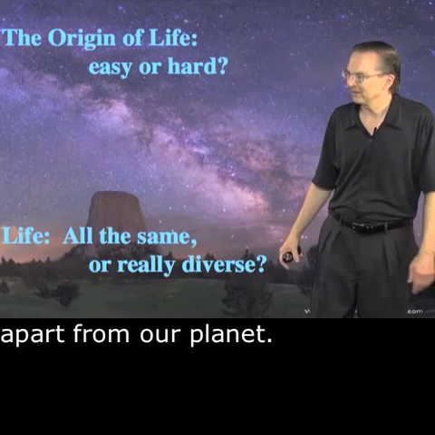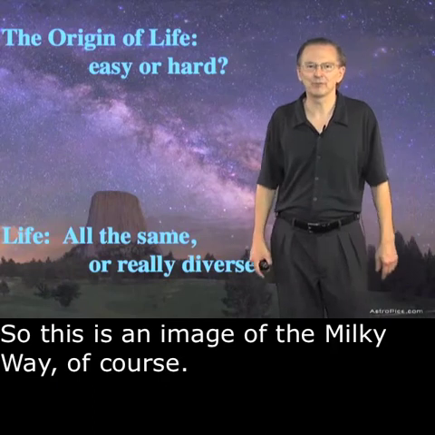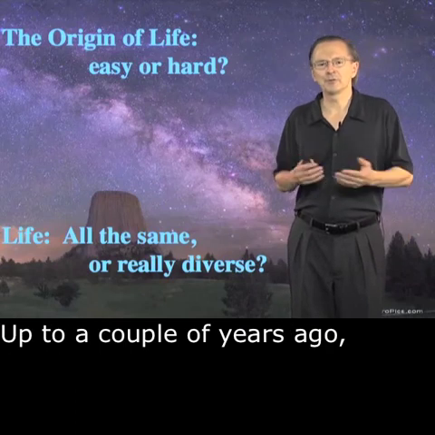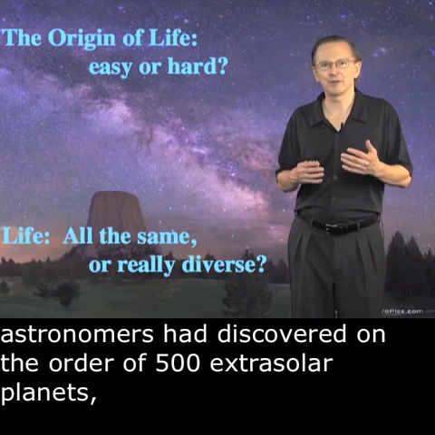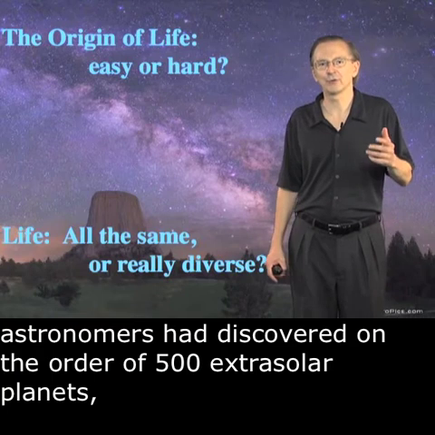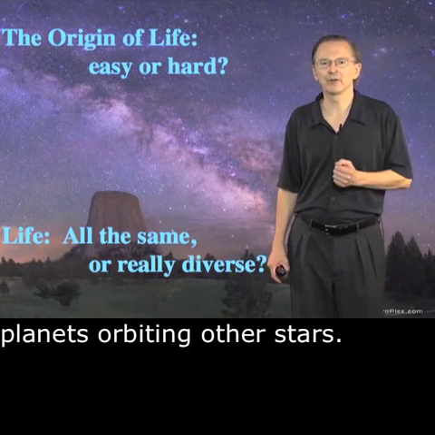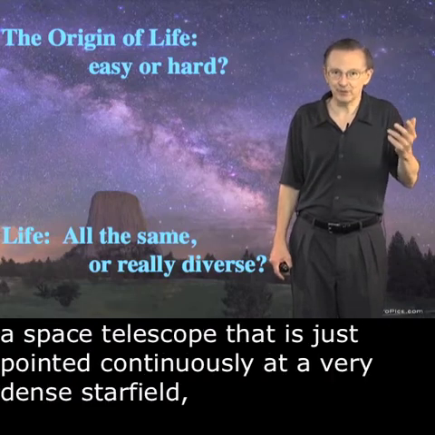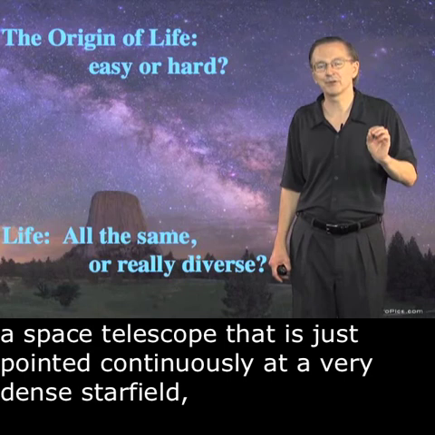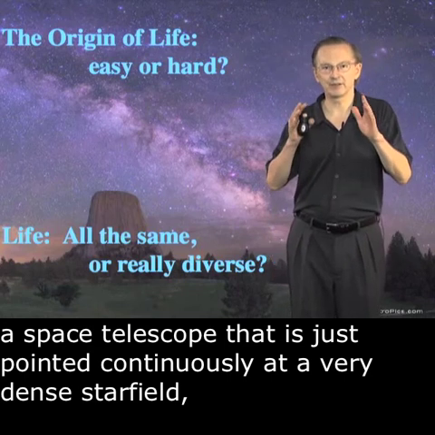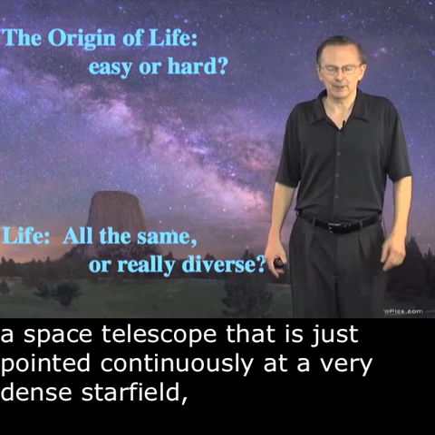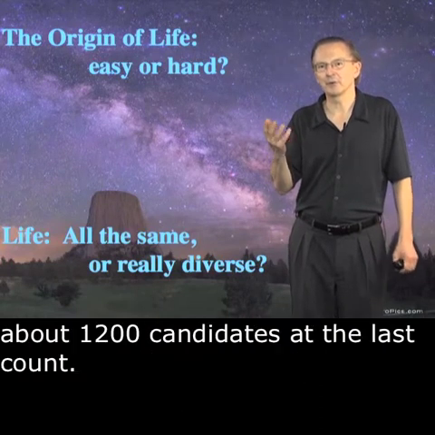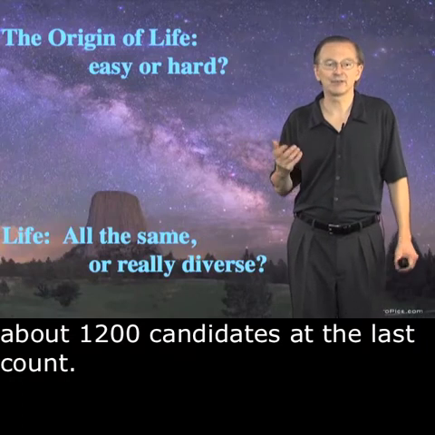So this is an image of the Milky Way, of course. Up to a couple of years ago, astronomers had discovered on the order of 500 extrasolar planets, planets orbiting other stars. But more recently, as a result of the Kepler mission, a space telescope that is just pointed continuously at a very dense star field, a large number of additional planets have been found, about 1,200 candidates at the last count.